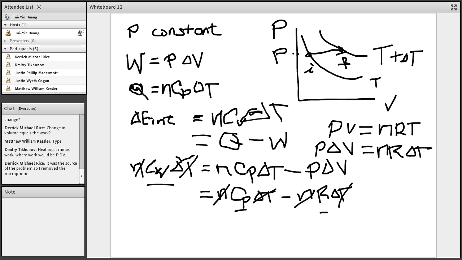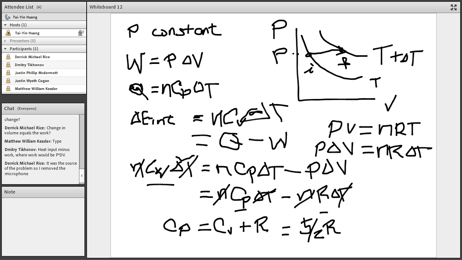So we rearrange this, and what we get is that the specific heat at constant pressure is equal to Cv, the specific heat at constant volume, plus R. So Cv, if you remember, for monatomic gases is 3/2 R. So your Cp now, 3/2 R plus 1 R, gives you 5/2 R. As you can see, your Cv value and Cp value depend on what kind of gas molecule you work with.